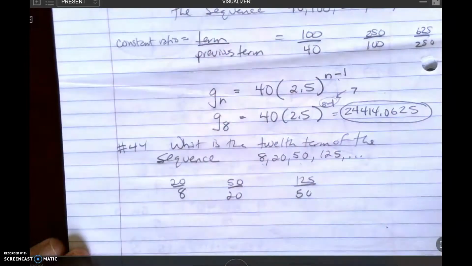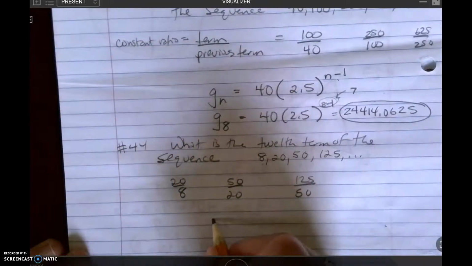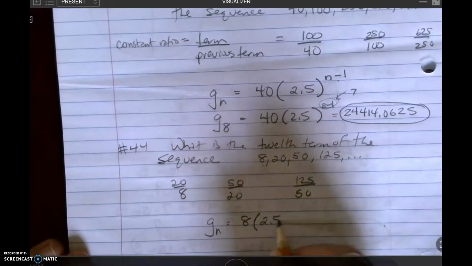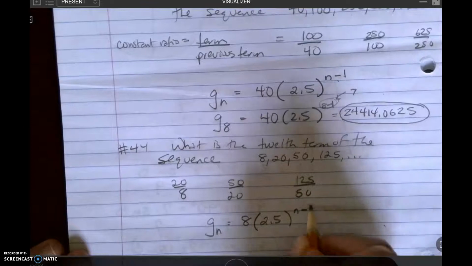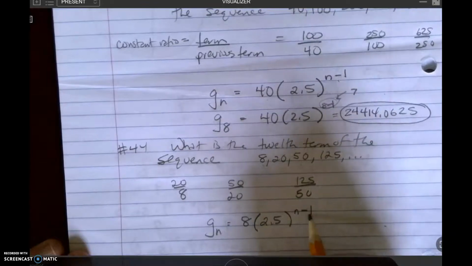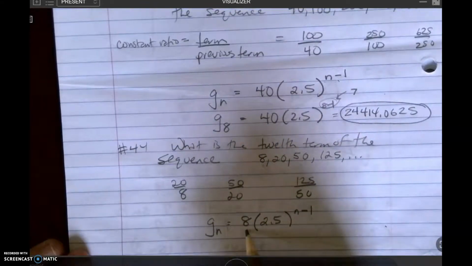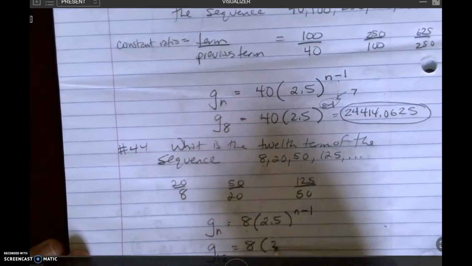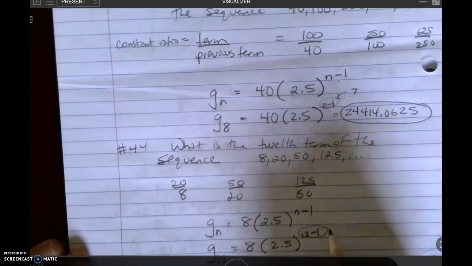So my formula, G sub n is the first term 8, times the constant ratio 2.5 to the n minus 1. This is n minus 1 because this is the first term. So since I'm looking for G sub 12, it's going to be 8 times 2.5 to the 12 minus 1, which then becomes 11.